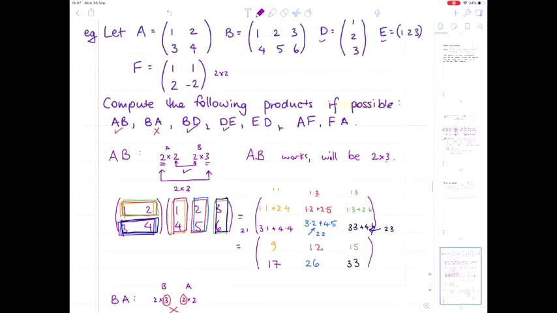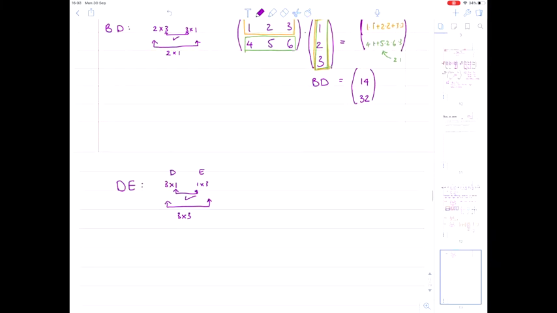So D is 1, 2, 3 and E is 1, 2, 3, but they're in different dimensions. And we know that our solution needs to be 3 by 3.